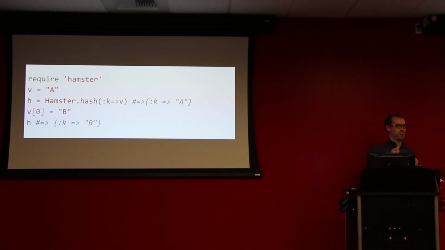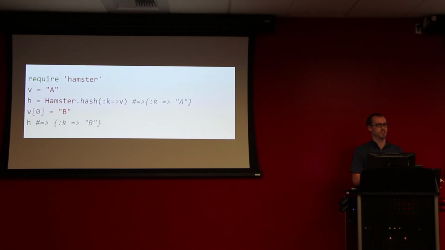But then if you modify that string, like the first character of the string, to be B, and you look at that hash, it contains B now as the value. That's because you can still edit these things if you choose to put in things that aren't immutable.